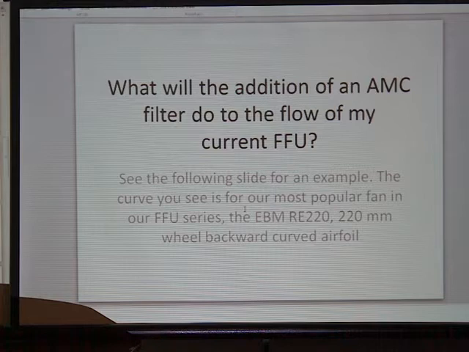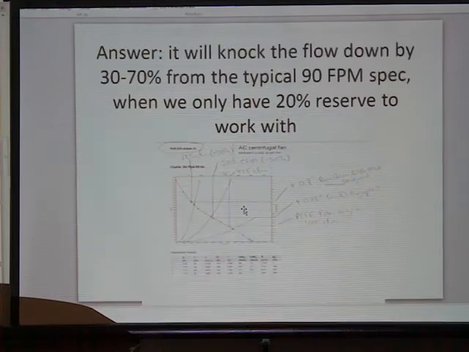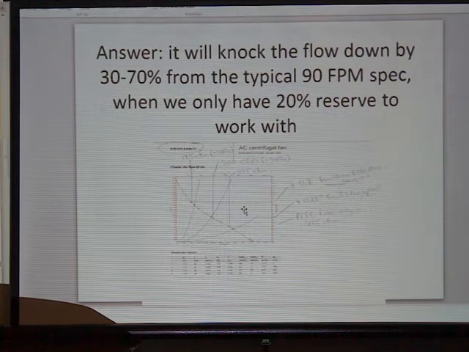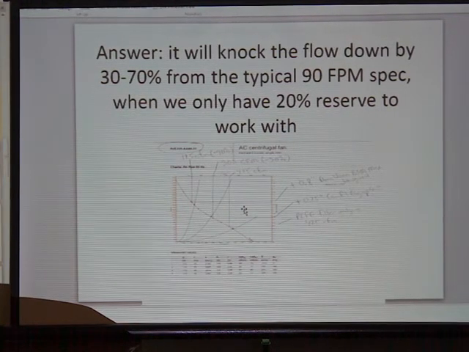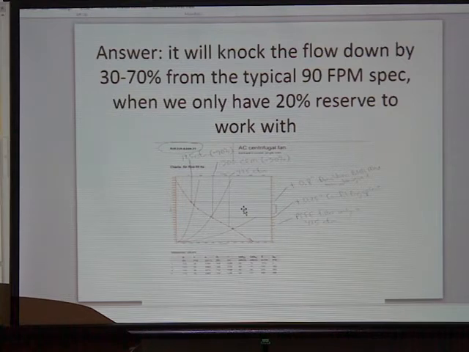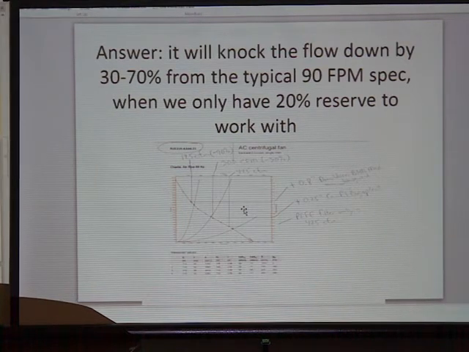And so basically, when you add an AMC filter, what's that going to do to the flow? Following here is an EBM-Papst 220 millimeter wheel, which is the most typical one used in the Airflow Tech fan filters. And again, a little small here, but all I did was run some curves.